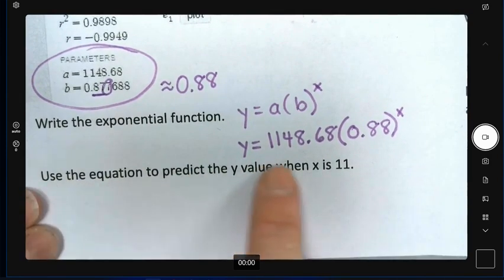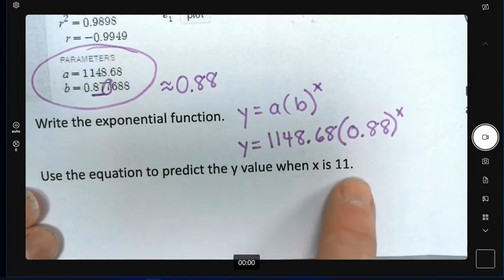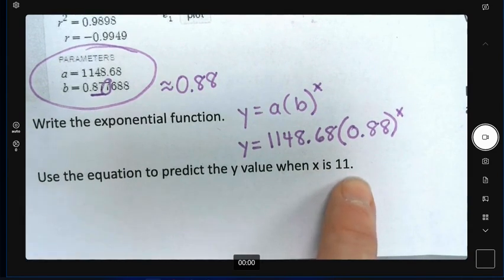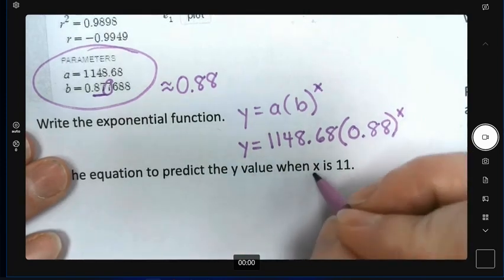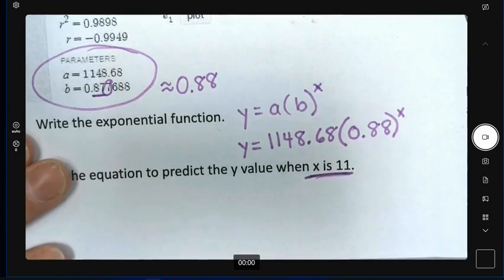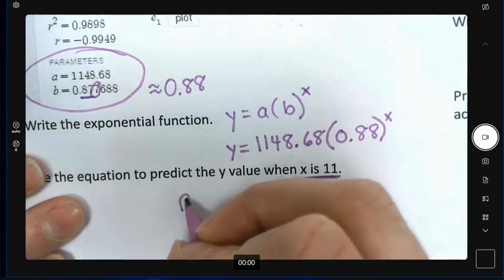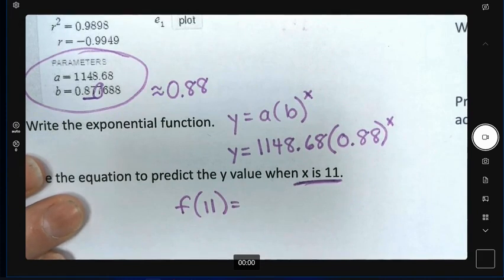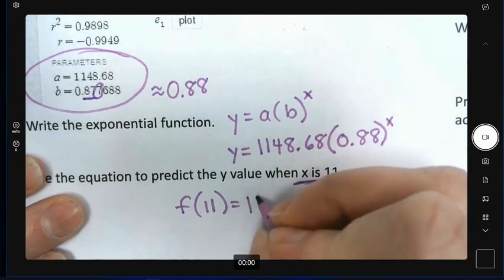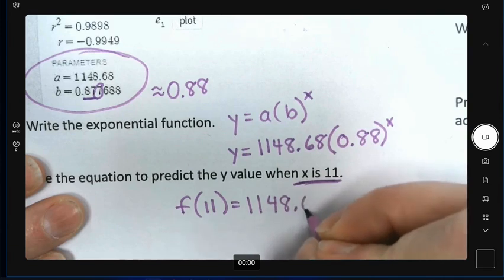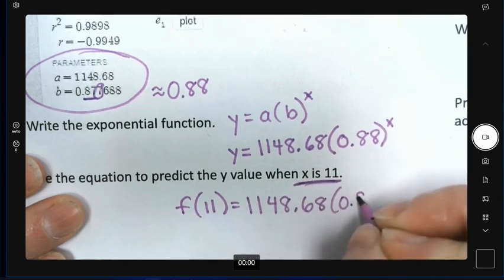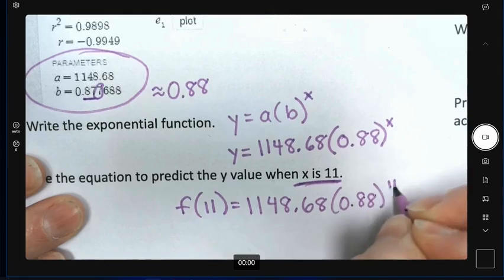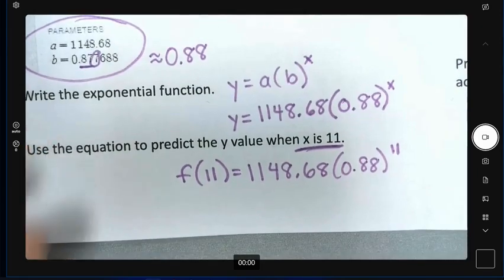Now it says use the equation to predict the y value when x is 11. So anytime we predict, we're going to use the function, plug in the value that they've given us, which is x. So we're going to do f of 11 equals, that means we're substituting in 11 for x. And we can use Desmos for this too.